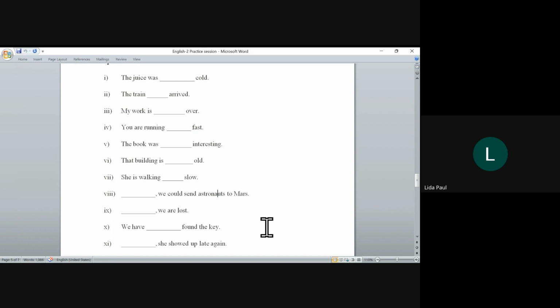Then she is walking dash slow. What would this be?